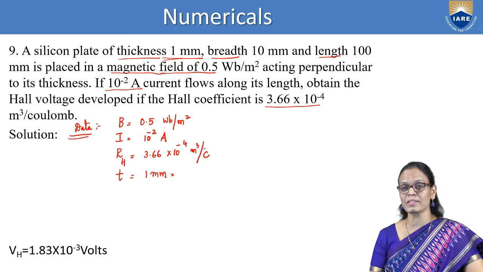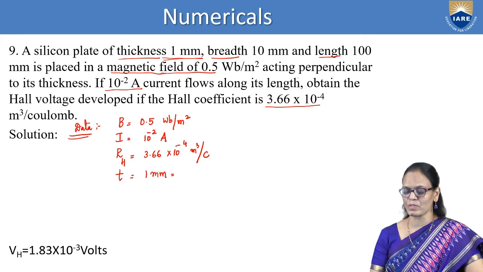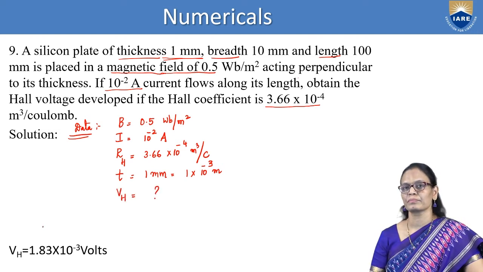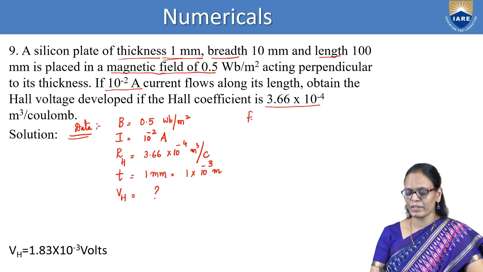All the other units are in SI system: Weber per meter square, ampere, meter cube per coulomb. So we need to write this thickness also in SI. So this will be 1 into 10 power minus 3 meter. And what we have to calculate is the Hall voltage. VH is equal to how much? So we'll use the formula.